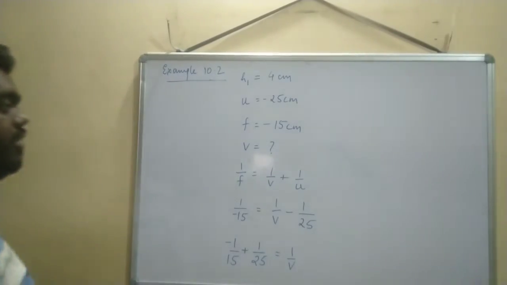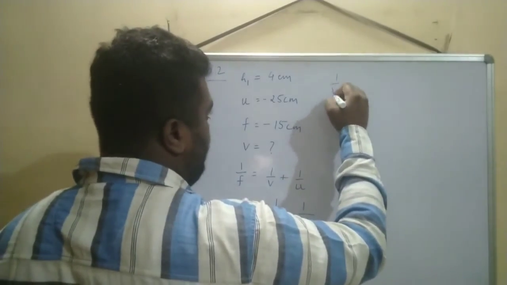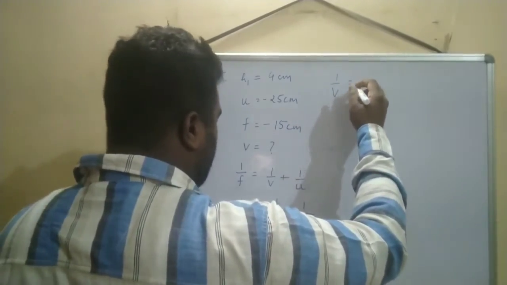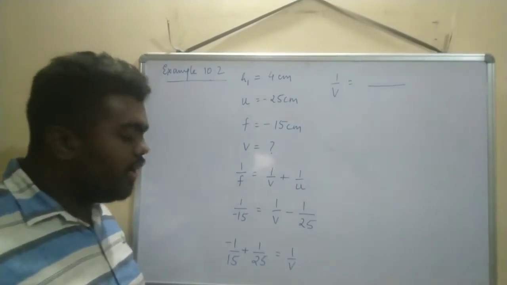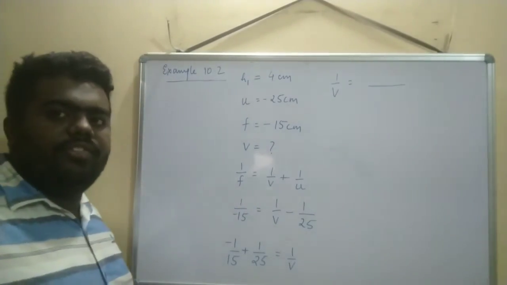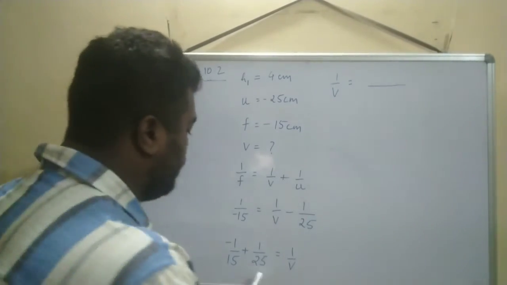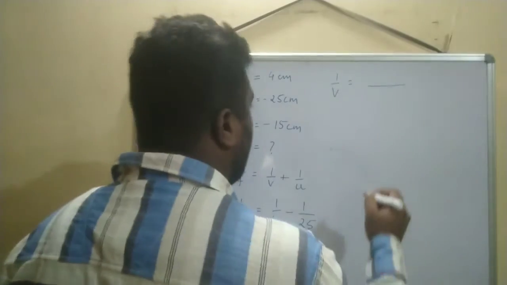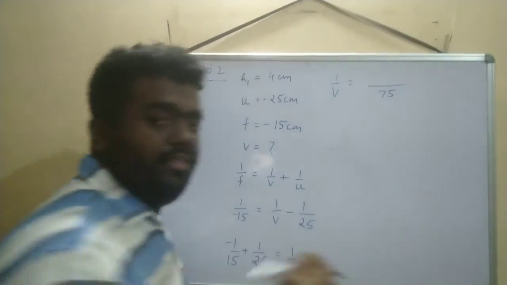Now we will take the LCM. So 1 by v is equal to the LCM of 15 and 25. It will be how much? The LCM of 15 and 25 is 75. Remember this.